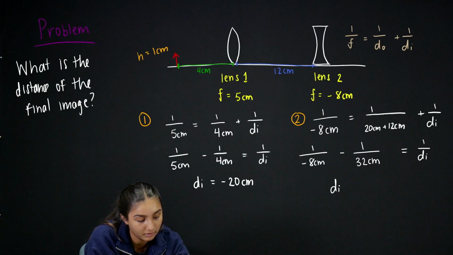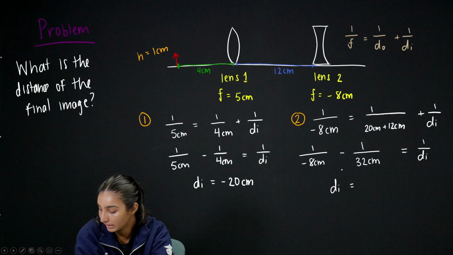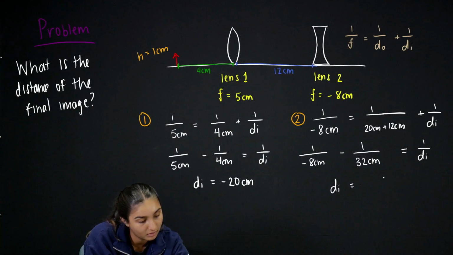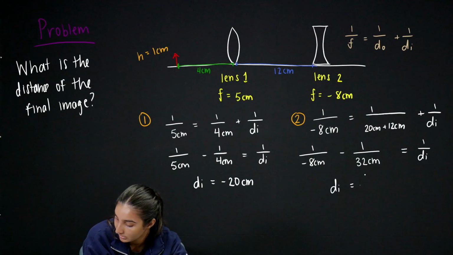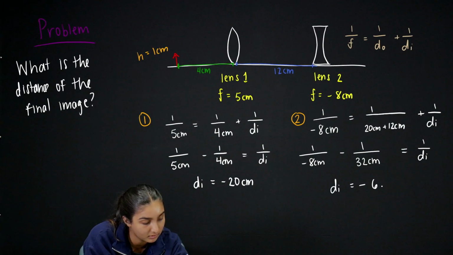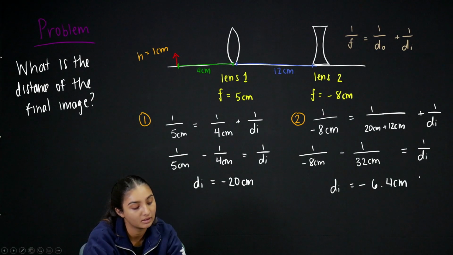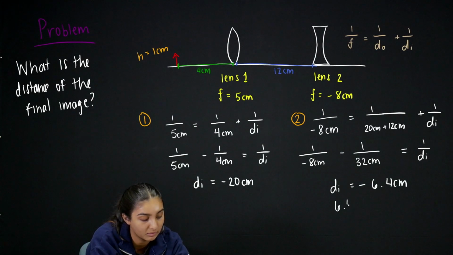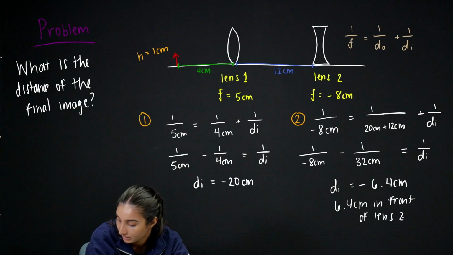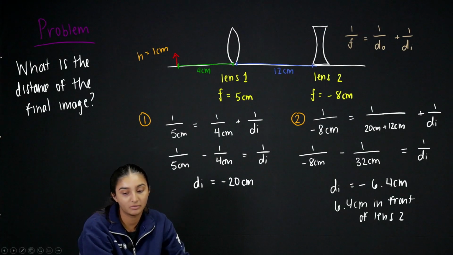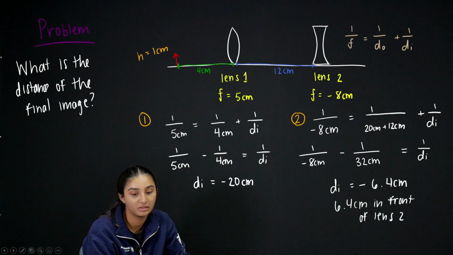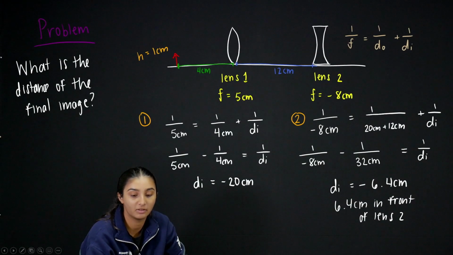And once we solve it, we get that the distance of the image is negative 6.4 centimeters, which means it's 6.4 centimeters in front of lens 2.